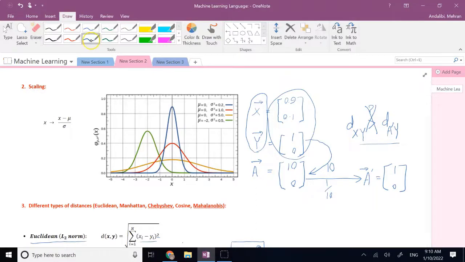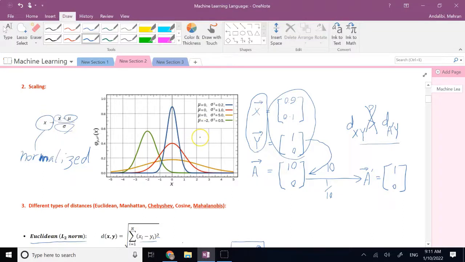One of the common ways is, if you have a distribution of data, let's say X, you subtract each data point from the average of all data and then divide it by the standard deviation, and then you get what we call a normalized, or Gaussian normalized, version of X.